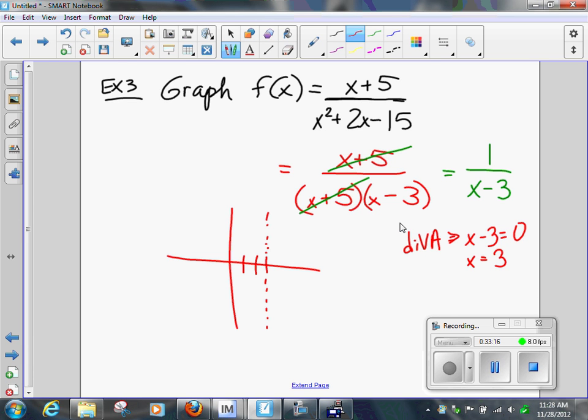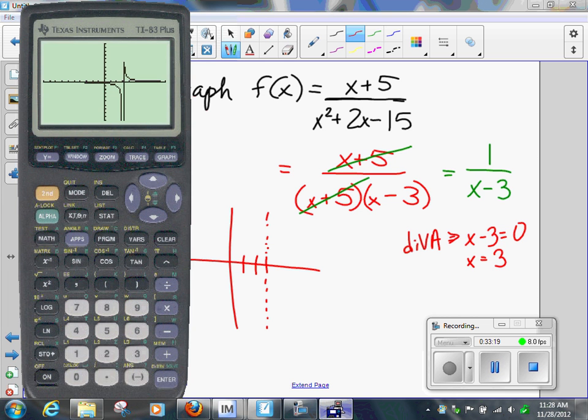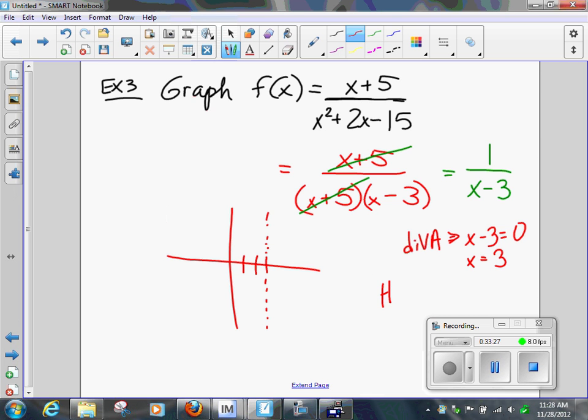And then, look back at it. Okay. Does it have a horizontal? It's the x-axis. All right. Algebraically, how would we figure it out? The degree of the numerator is 1. Degree of numerator is 1. The degree of the denominator is 2.